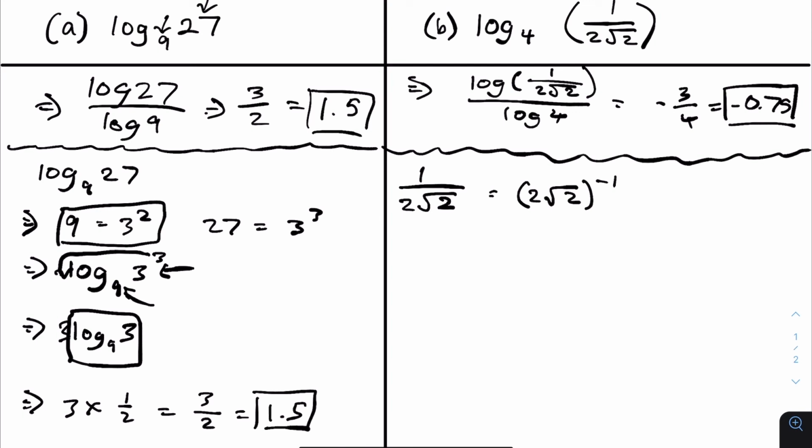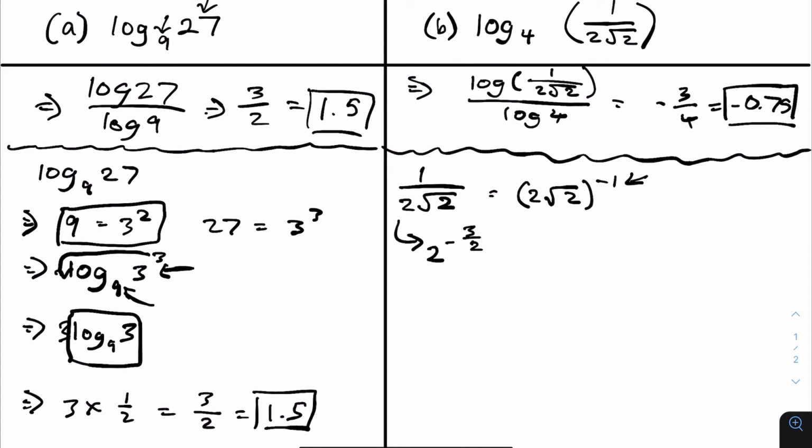Well, 2 root 2 can be written as 2 to the power of 3 over 2, because 2 to the power of 3 over 2 is the same as 2 root 2. So we can now write this as 2 to the power of -3 over 2, because we already have this negative sign over here.